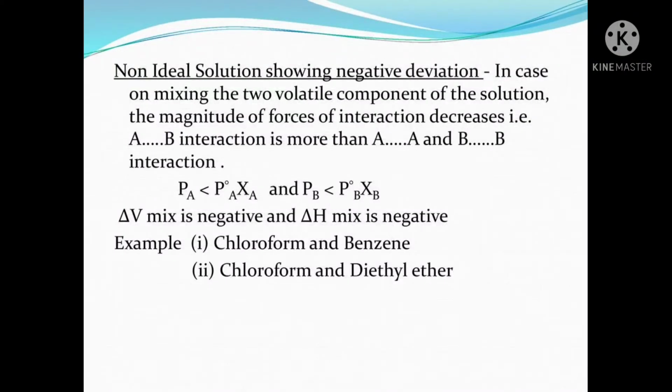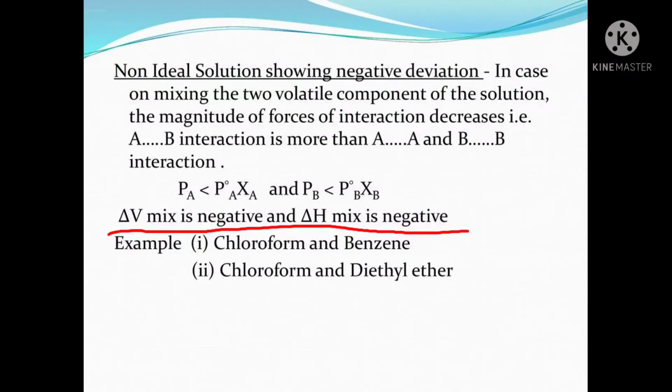Negative deviation. A solution is said to show negative deviation if the measured partial vapor pressure of the component as well as the total pressure are found to be less than those expected from Raoult's law. That is, PA is less than P0A XA and PB is less than P0B XB.